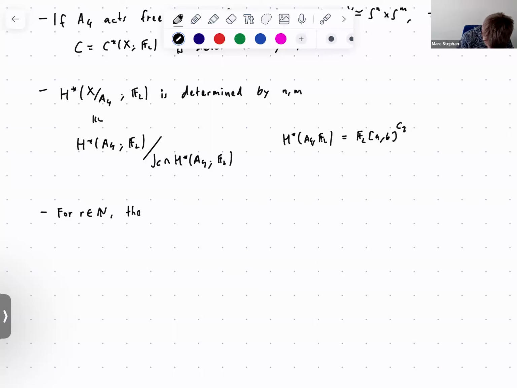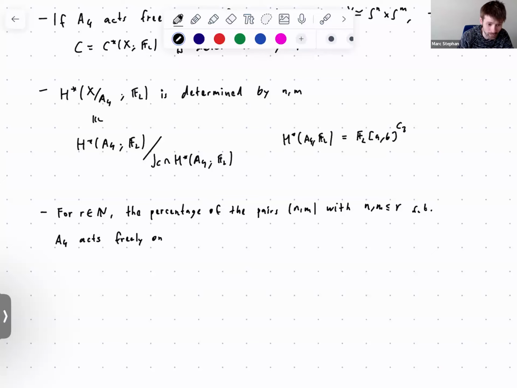The percentage of the pairs n, m which are at most R, such that A4 acts freely on a finite CW complex homotopy equivalent to Sn cross Sm, tends to 0 as R goes to infinity.